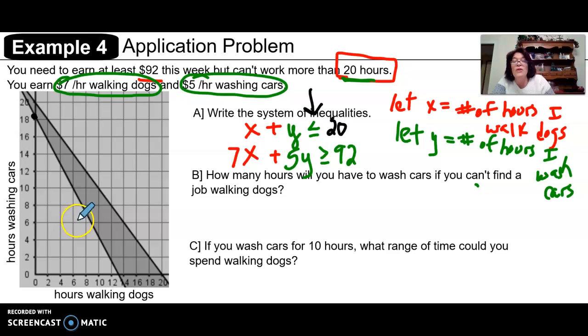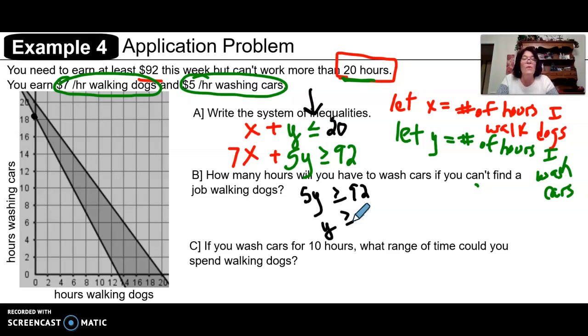I'm going to have to wash cars for 18.4 hours to make up for that, right? What we would do is put 0 in for X, so that would be 5Y greater than or equal to 92.